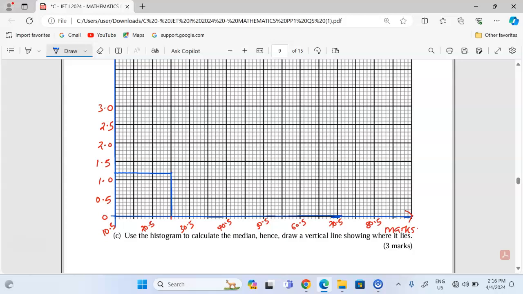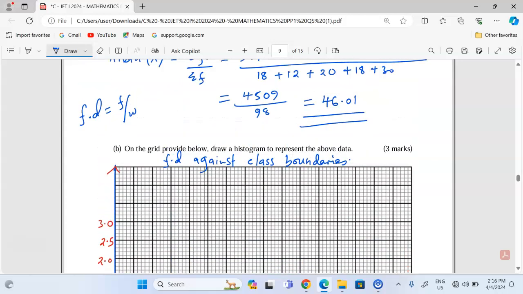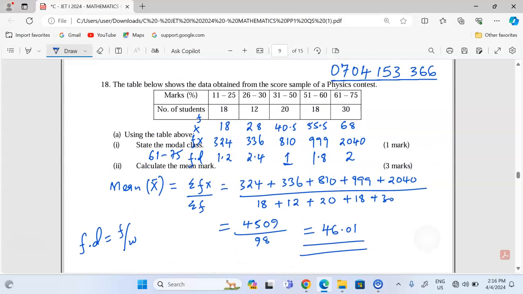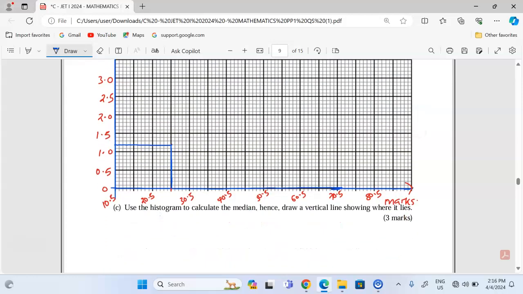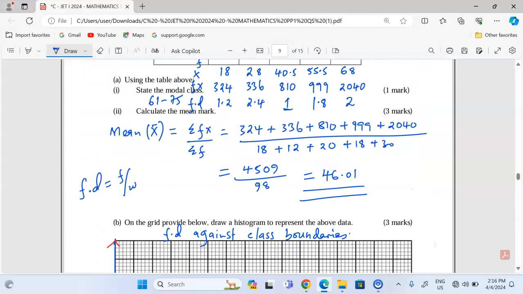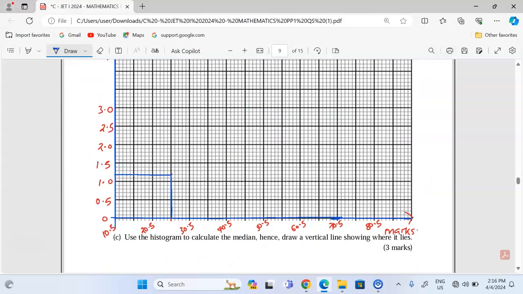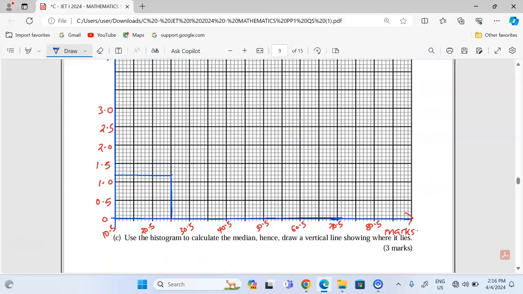The second class is running from 25.5 all the way to 30.5 with a height of 2.4. So a height of 2.4 is going to be just below 2.5, up to 30.5.